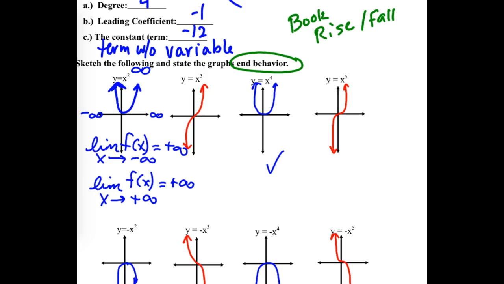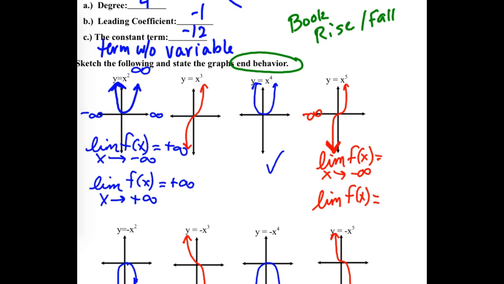Okay? For our red graphs on the top, we're going to use that same notation. What is the limit of our function? Where are my y's going? I have to write it out twice because I have to look at two different x directions. If we go towards negative infinity for x, so x is approaching negative infinity, in this first picture here, my arrow is pointing down, right?